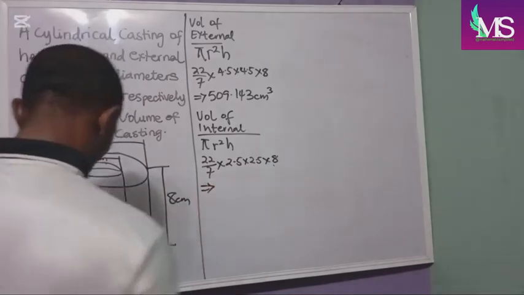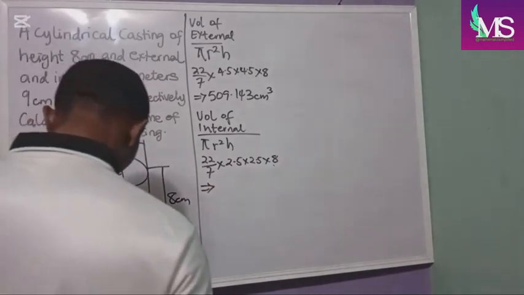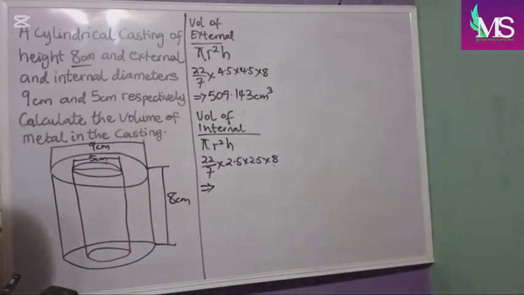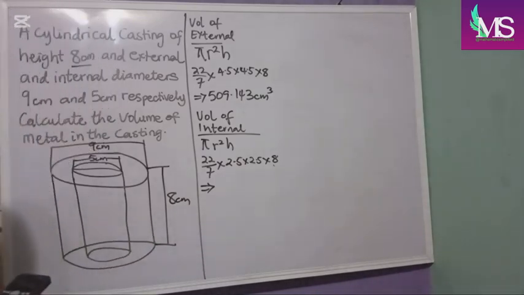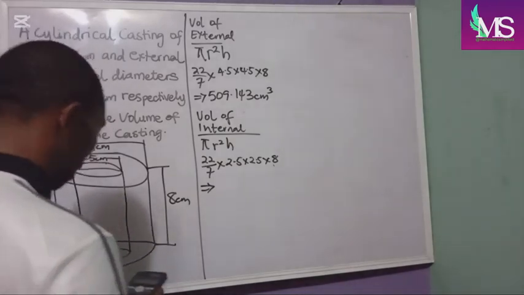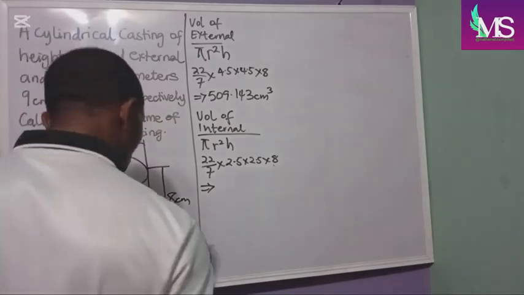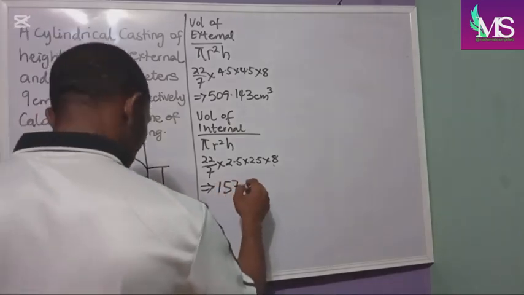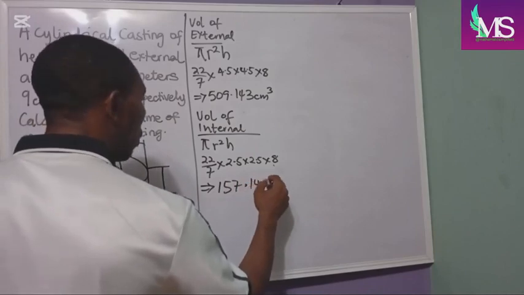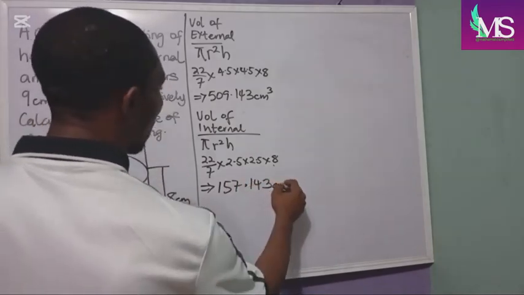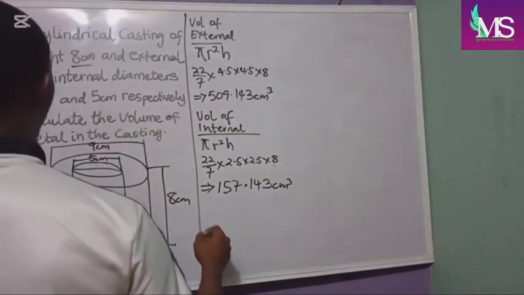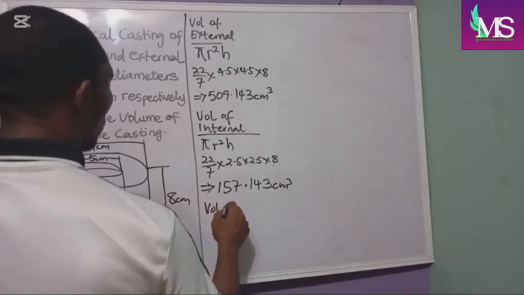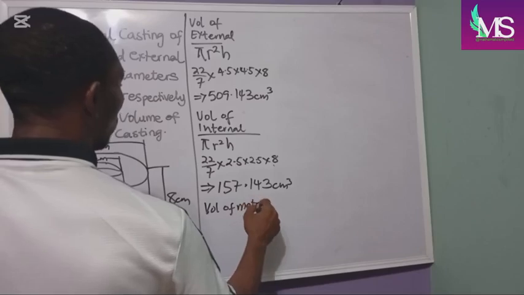So that gives us 22 times 2.5 times 2.5 times 8 divided by 7. That will give us 157.143 cm cube.